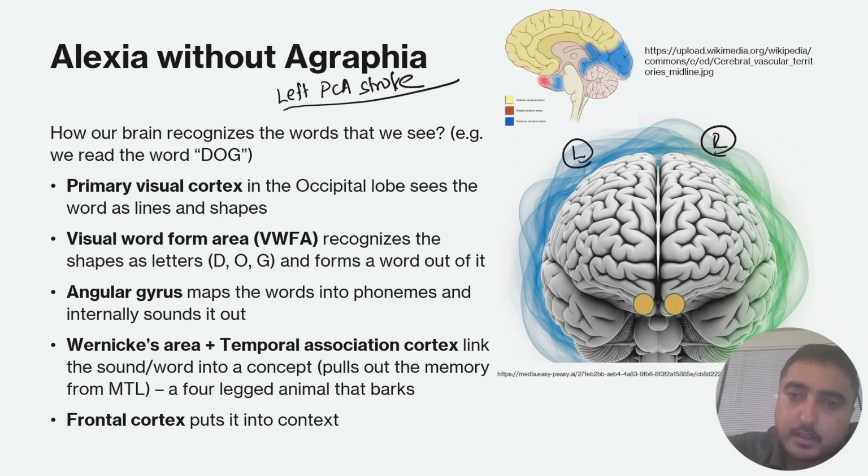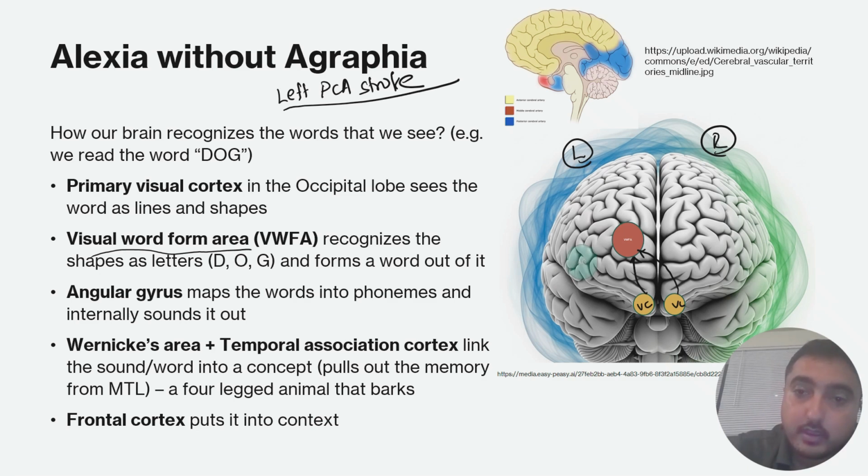So what will happen in the left PCA stroke is, these two orange circles at the back are the primary visual cortex that see the words. The primary visual cortex from both the sides communicate with the word formation area, that is the visual word formation area, which is present in the left side, specifically in the left fusiform gyrus.